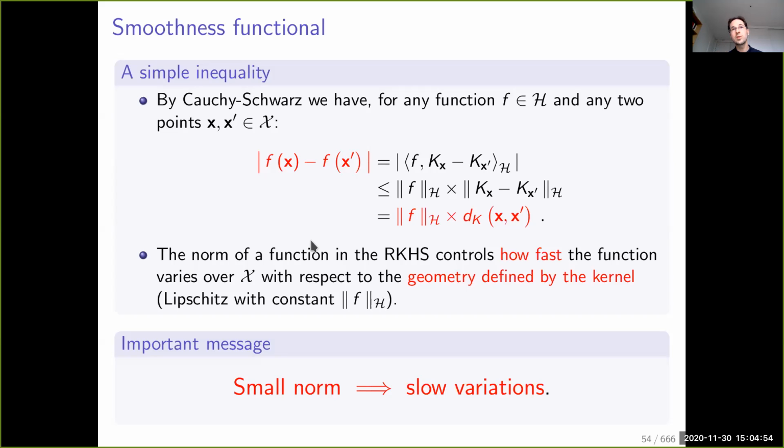And this is why this quantity will be used as a regularization function, and this is why the RKHS norm is related to a concept of smoothness. And you will see in other classes that there are particular RKHS where this concept of smoothness is related to concepts of smoothness that appear in many other contexts.